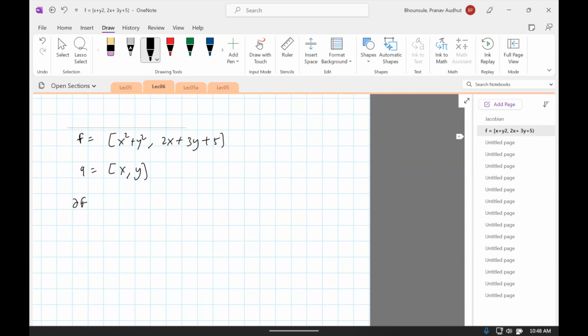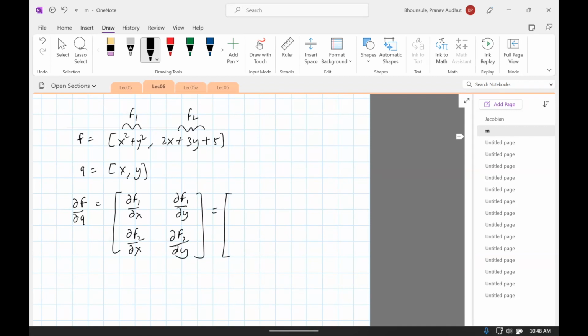So if you want to do df/dq, then think of this as f1, this as f2. So df1/dx, df1/dy, df2/dx, df2/dy.